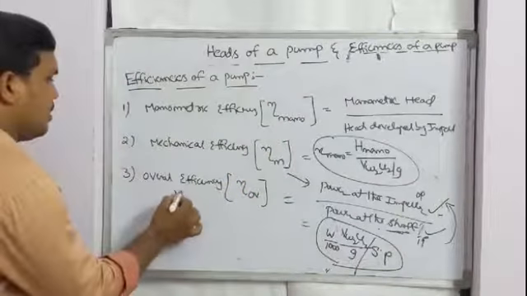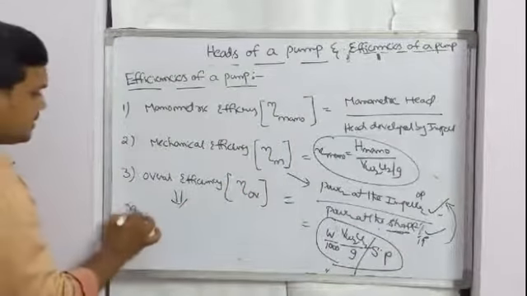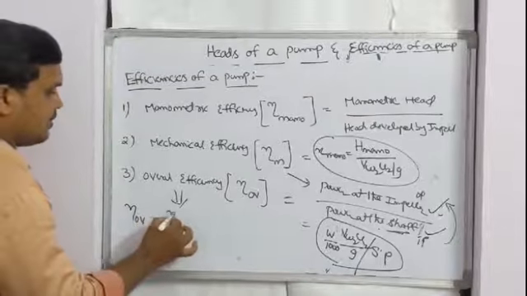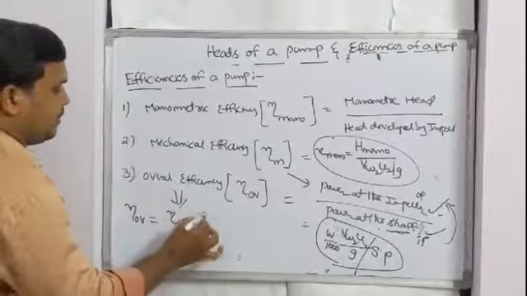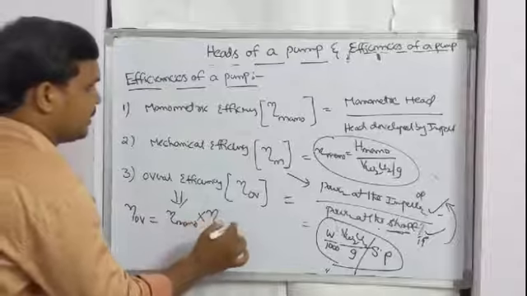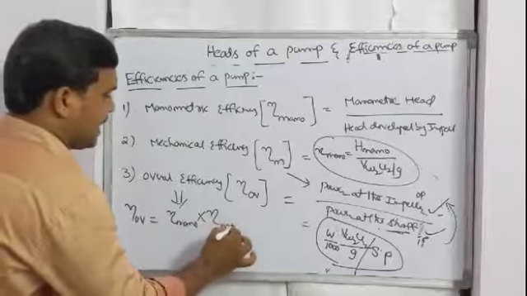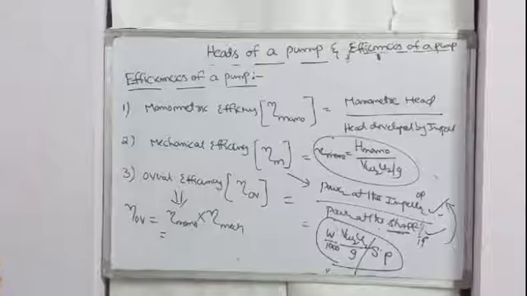And the last one, overall efficiency. Overall efficiency is the product of the manometric efficiency and the mechanical efficiency. What is the manometric efficiency here?